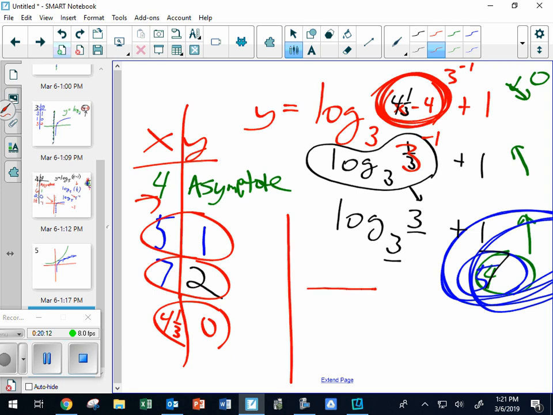Roughly speaking, just a real quick graph: over 5 up 1, over 7 up 2, over 4 and 1/3, which is just past the asymptote. It was at 0. There's 3 dots. Let's use blue. There we go. I have 3 points and the asymptote. I'm good.